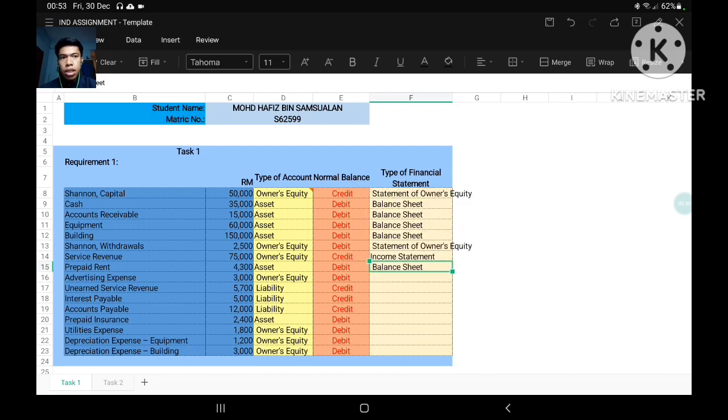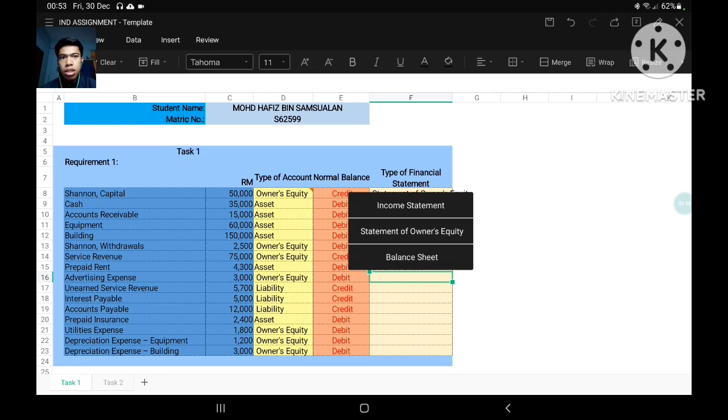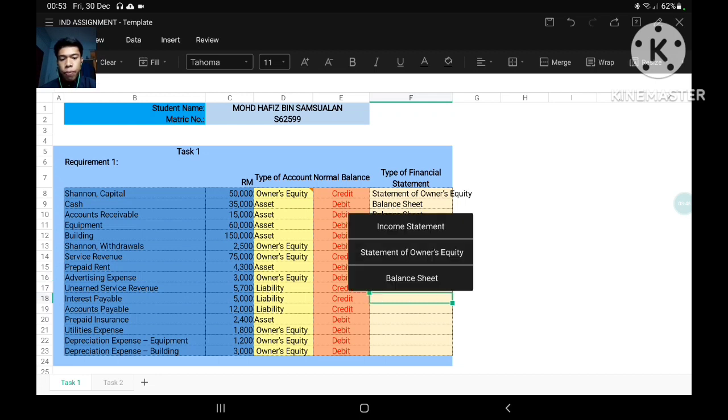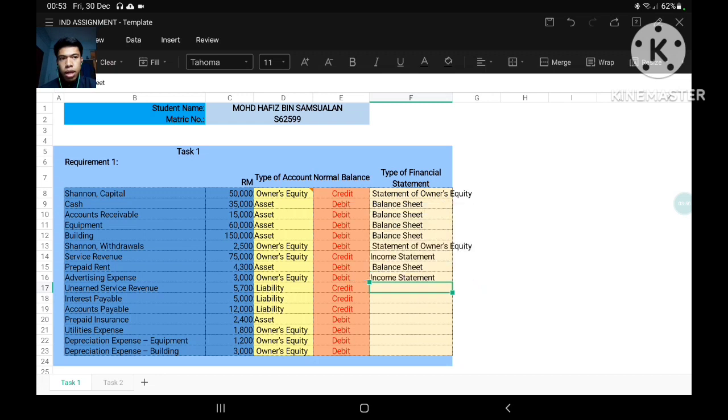Next, prepaid rent is balance sheet. Next, advertising expense is income statement. Next is unearned service revenue is balance sheet. Next is interest payable is balance sheet.